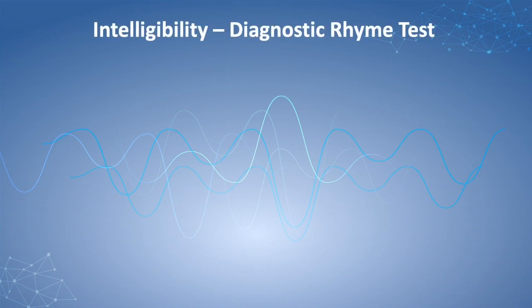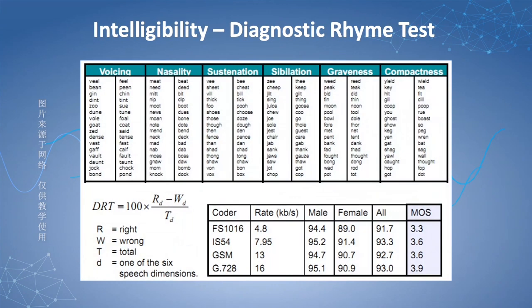As to the subjective speech intelligibility test, the diagnostic rhyme test was proposed in 1983. It uses a word intelligibility test with a 2-item multiple choice to provide percent correct scores. The DRT is widely used to evaluate military voice systems.